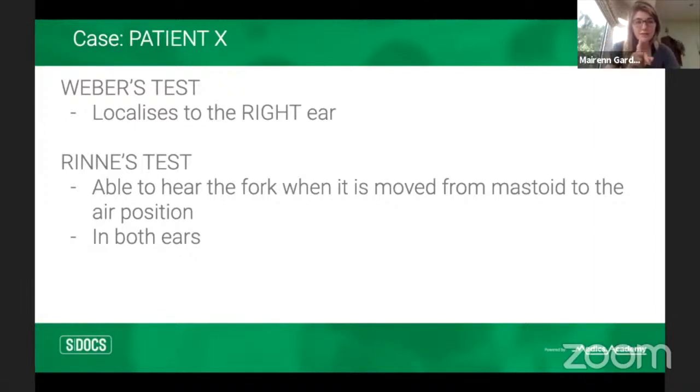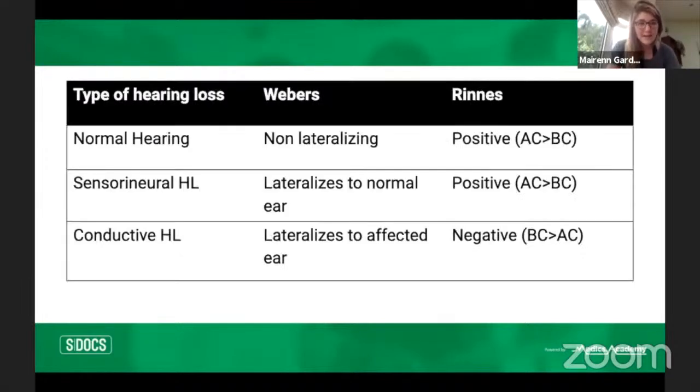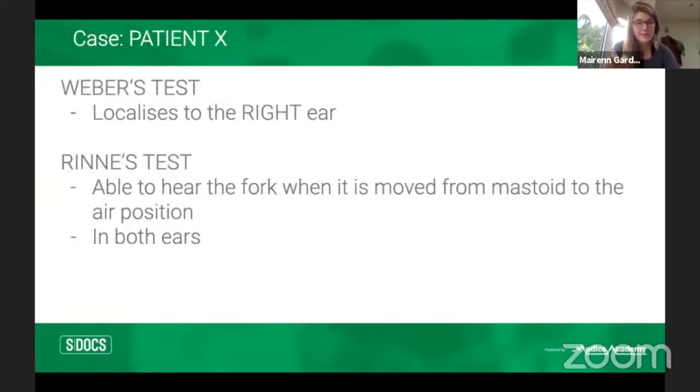Because it localizes to the right ear, as I showed in this table, in sensory neural hearing loss, it lateralizes to the normal ear. This means that the ear that you hear it loudest in will be normal. So it's therefore left sensory neural hearing loss, the problems within the left ear.